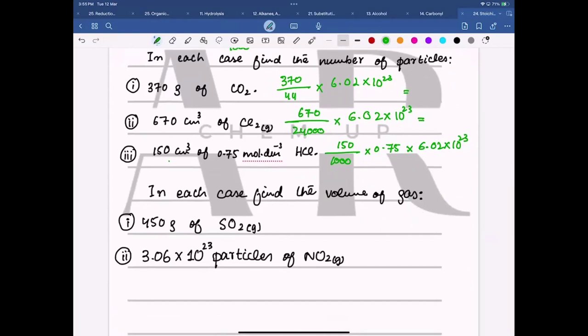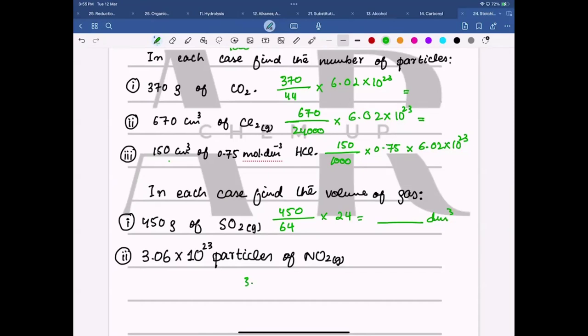Now after this, they are asking you to find the volume by providing the mass of a gas. As I have told you, when there are two different kinds of quantities, you will first convert them into moles. So 450 divided by the MR, and the MR of this would be 64, will give you the moles. Then if you multiply with 24, you will get the volume in decimeter cube, and if you multiply it with 24,000, you will get the volume in centimeter cube.